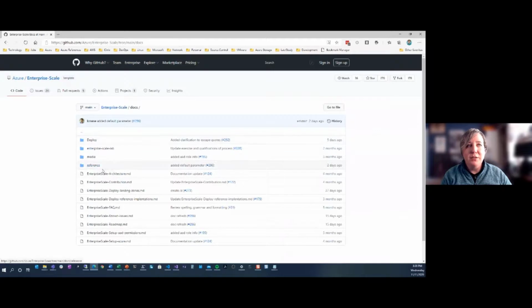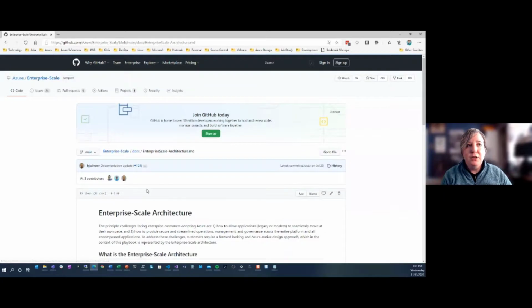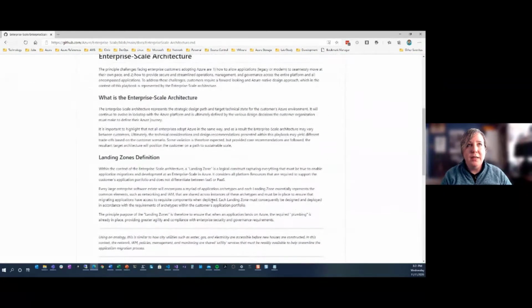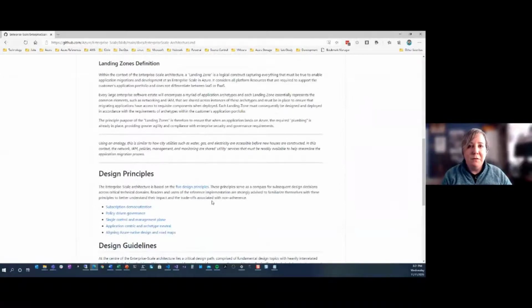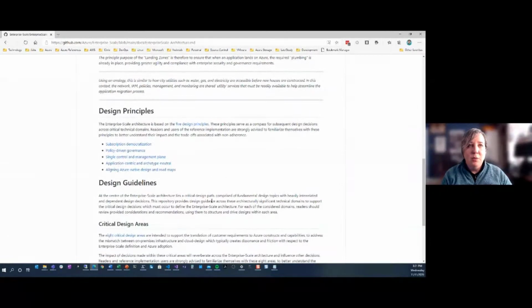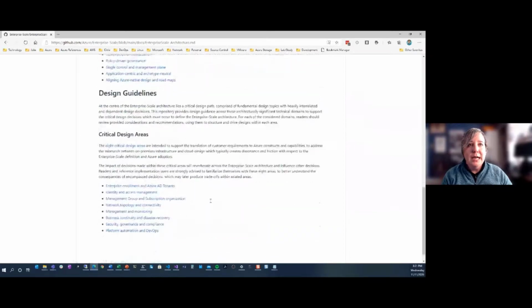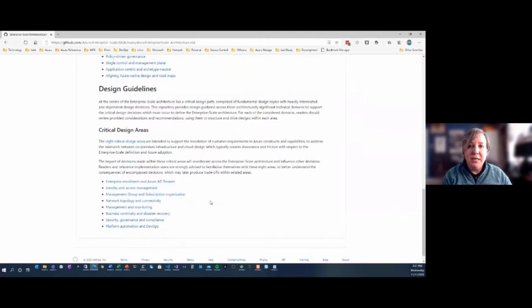So the folders themselves aren't important, it's the files. But if you go into here, you see this nice written piece about enterprise scale architecture. This is directly coming from the documentation that we already have online, but you can clone this and it's less work for you. You can clone it, put it into your world, and then you've got these boilerplate templates that you didn't have prior to embracing this repo, right?